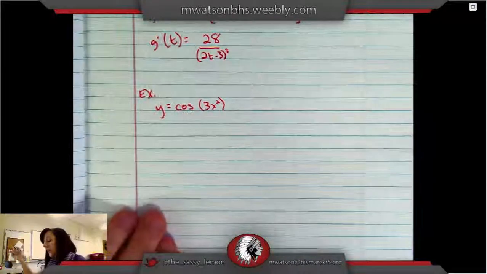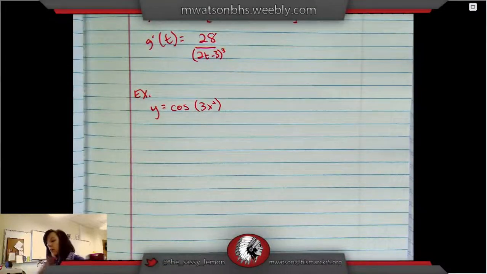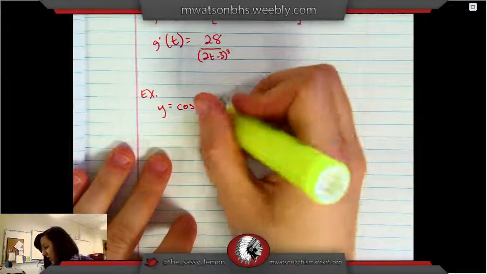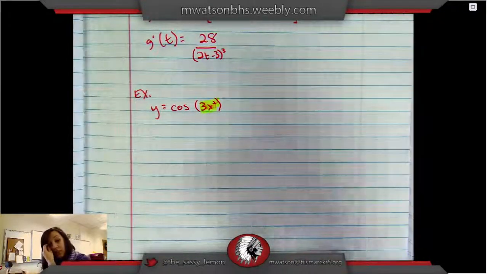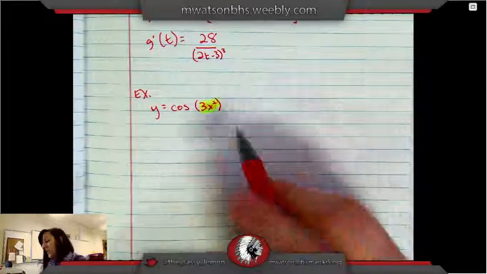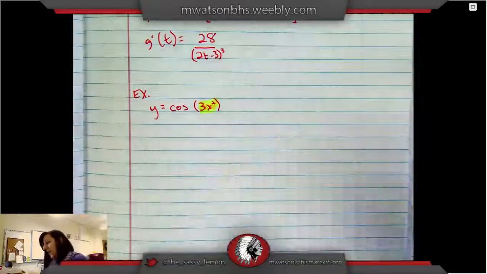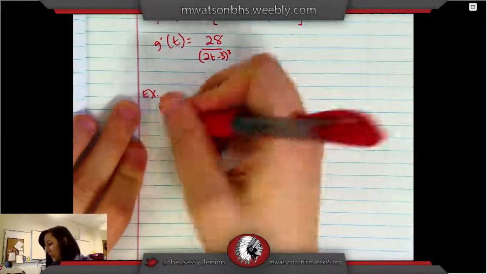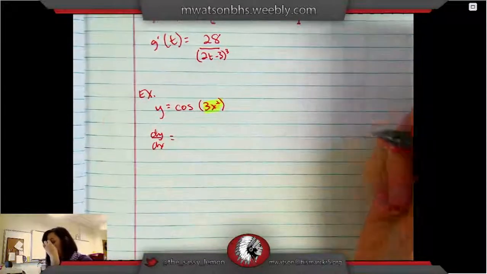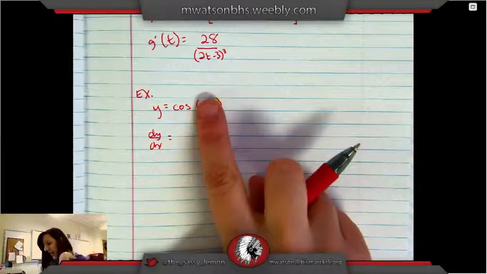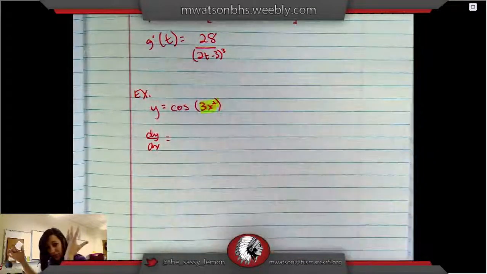So remember, back before I would have you identify u, which mentally, hopefully, you notice that the 3x squared would be our composite function within the function cosine. But instead of actually doing all that formatting, we're just going to jump right to it. And we're going to say dy over dx equals, and let's just pretend that that isn't in there and it's just cosine of x.